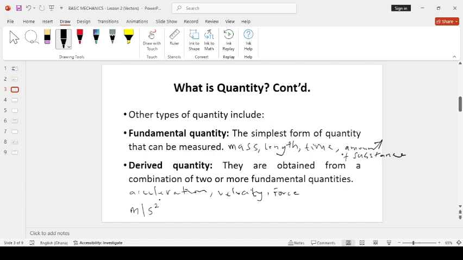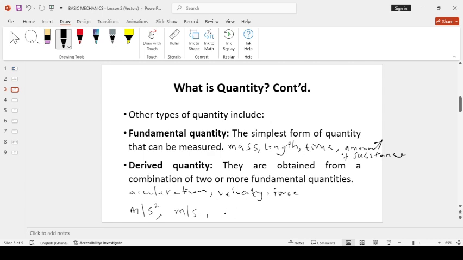The meter here is a basic quantity of length, and the second is a basic quantity of time, or fundamental quantity of time. So acceleration is made up of two basic quantities. Velocity too has the same thing, which is meters per second. Meters is a basic quantity of length, and second is a basic quantity of time.